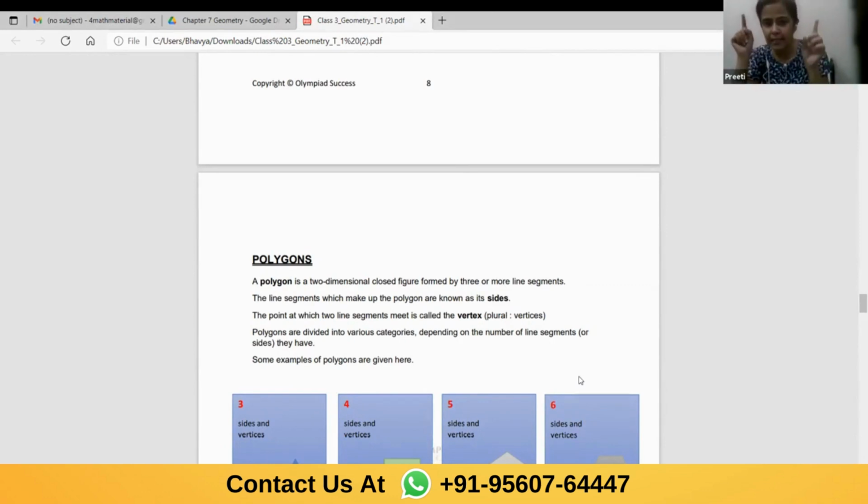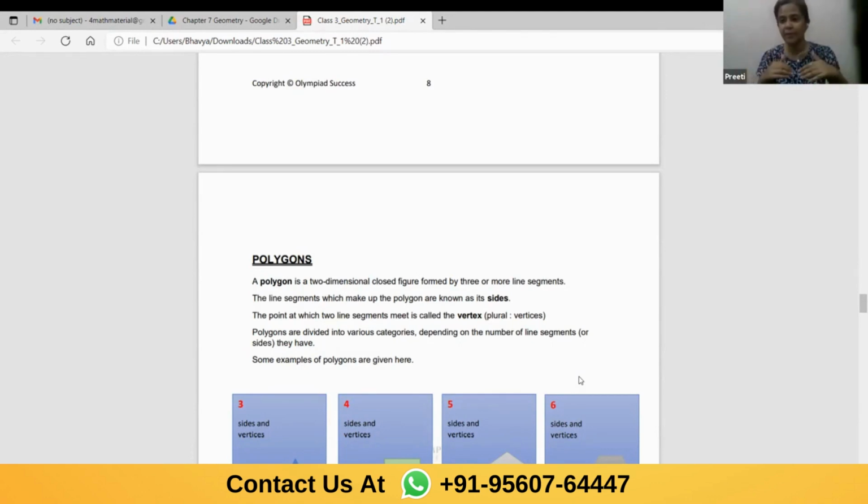Now, a polygon is 2-dimensional. Why 2 dimensions? Because it has length and breadth. It is not a 3D shape. So a polygon is possible with minimum 3 line segments. Line segment because it has a fixed length, and minimum 3 because with a single curved line we can make a circle. But if I use 2 line segments, the figure will remain open only.